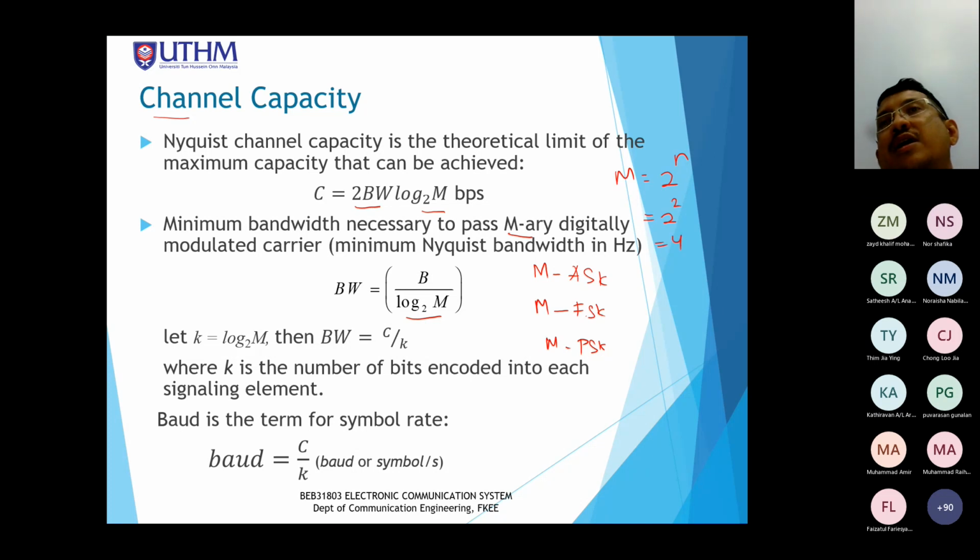So 4 here means I'm going to have 4 unique symbols, which are 00, 01, 10, and 11.